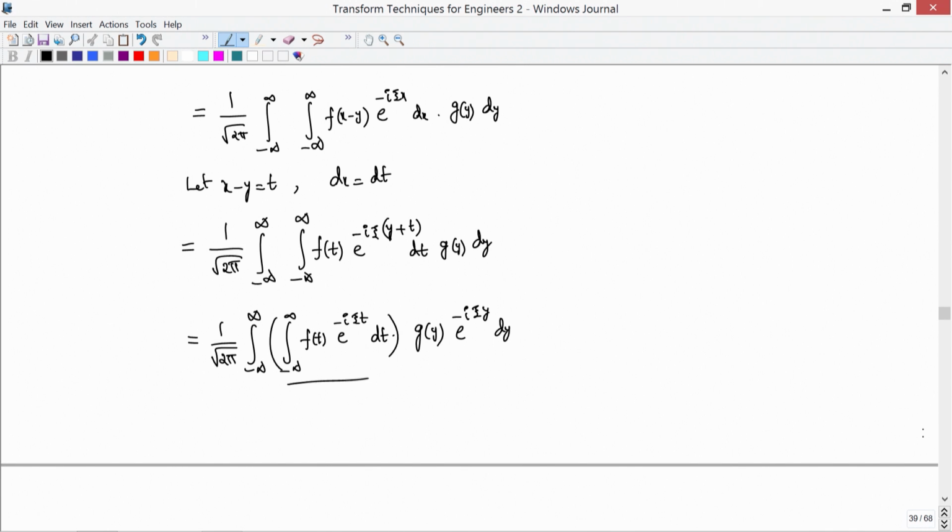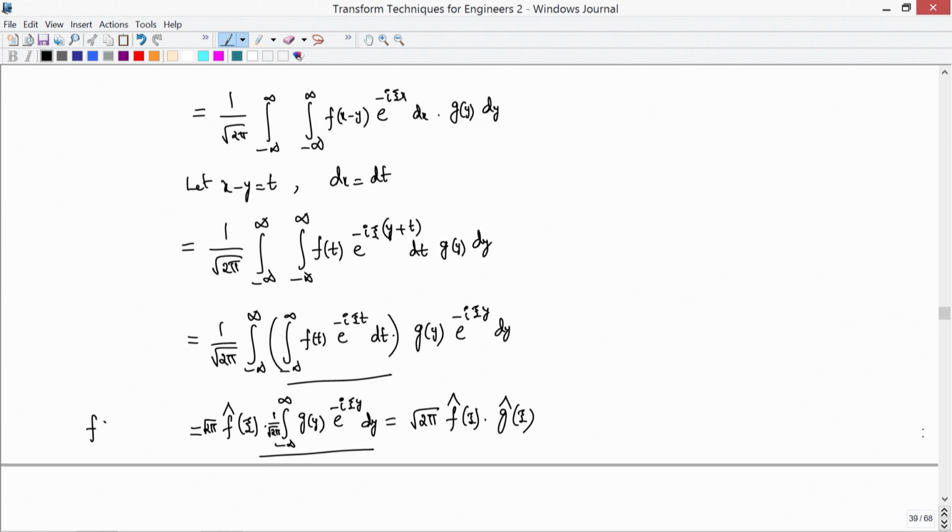This is nothing to do with y, so it is a constant that comes out, and with 1 by root 2 pi, that is exactly f cap of xi into the integral of g of y e power minus i xi y dy. This is root 2 pi, I need 1 by root 2 pi, so I have to multiply by 1 by root 2 pi. So, this is actually g cap of xi. So, f cap of xi into g cap of xi.